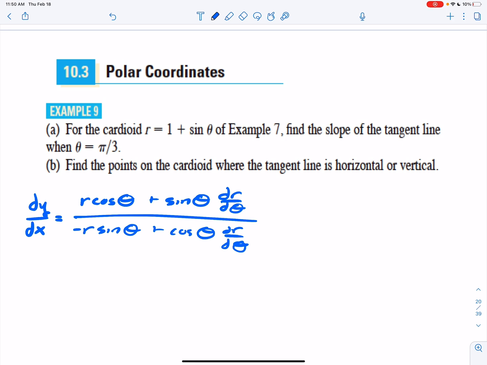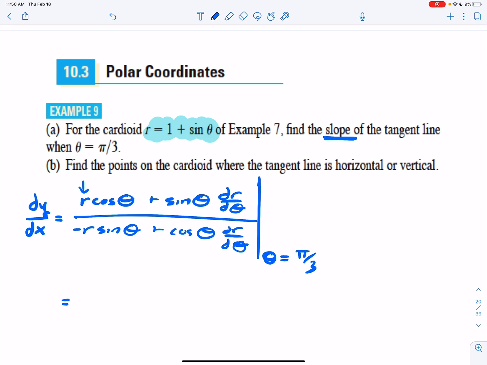That's what we just had. We want to find the slope when theta is equal to pi over 3, so we're going to evaluate this when theta equals pi over 3. Now, what the heck is r? We know that r is this.